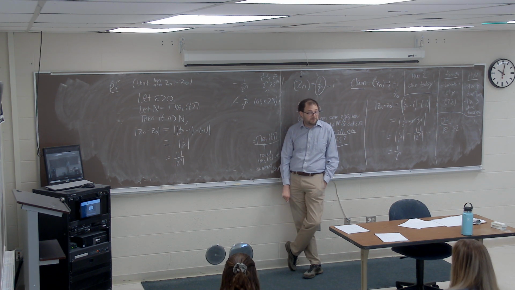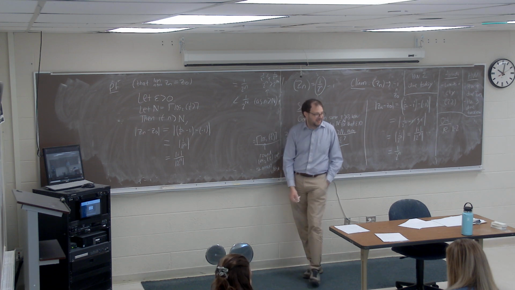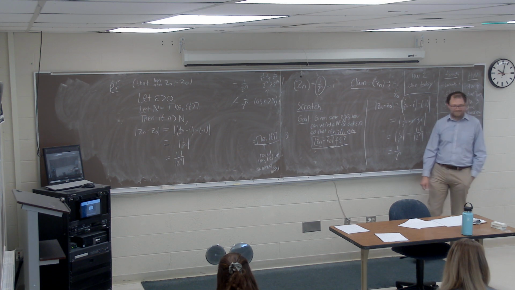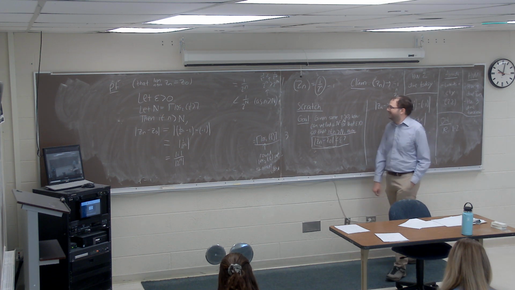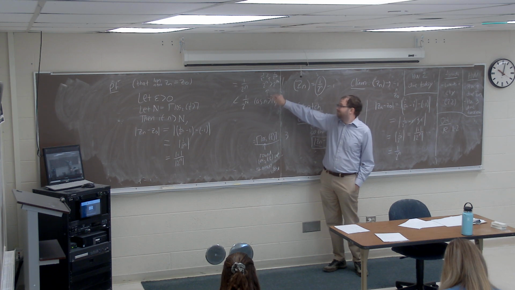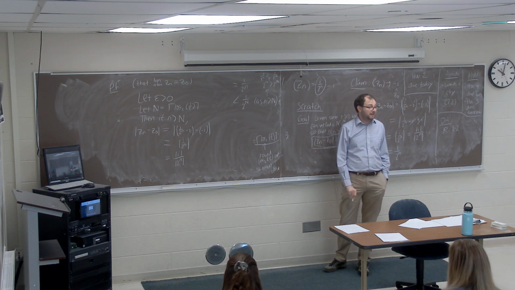That sound good to everyone? Caleb? Yeah, I'm not convinced by your facial expressions. So we're assuming little n is greater than big N, right? Yes. Would you agree that means 2 to the little n is greater than 2 to the big N?